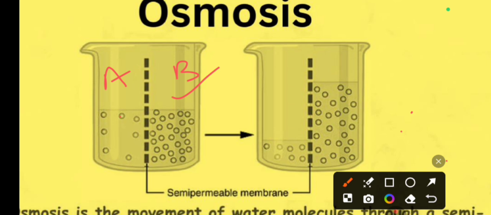Water moves from A to B. After some time you will see more water present on the B side as compared to the A side. And this is the semi-permeable membrane. So you can say, if water movement takes place from low concentration to high concentration, then it is called osmosis.